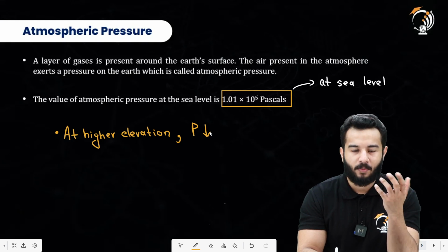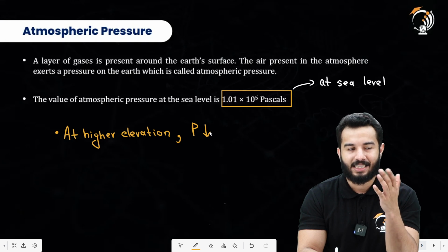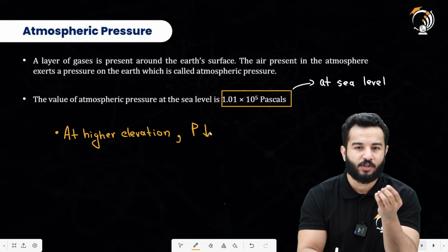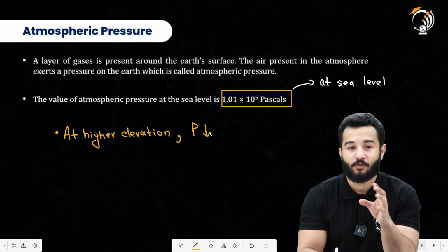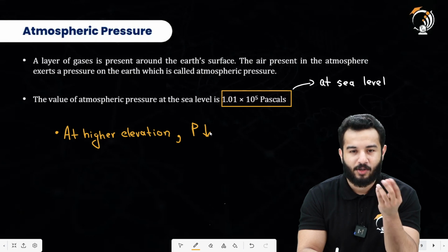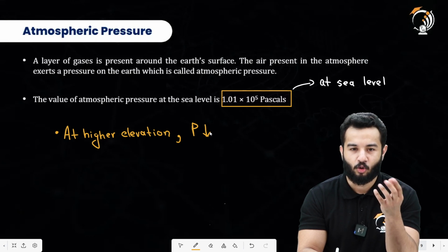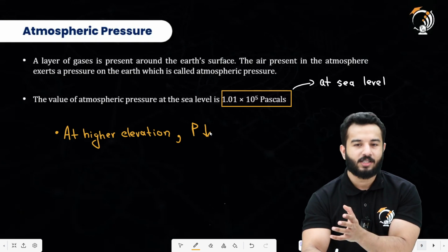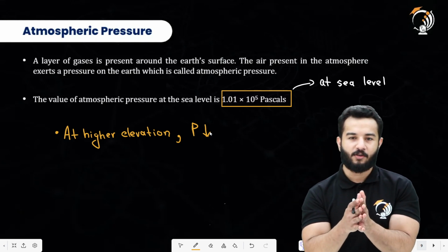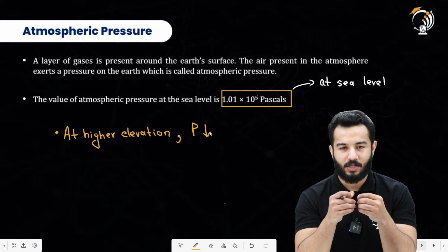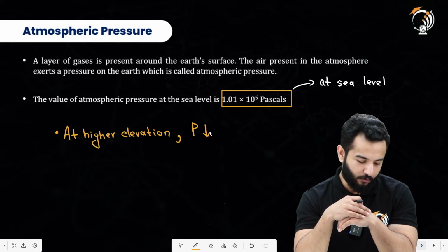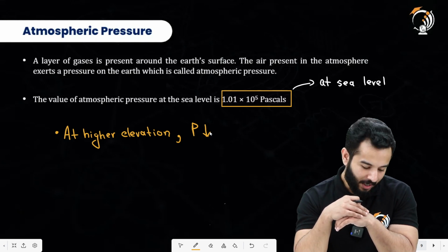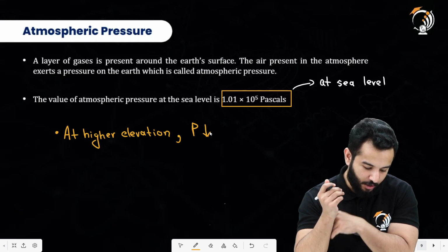When you go up, the surrounding atmosphere's pressure goes down, but you still have a comparably higher blood pressure, and that's why you get those nose bleedings. For a similar reason, it is advised that you acclimatize for a few days before going to the base camp, right? So at higher elevation, pressure is going to decrease.